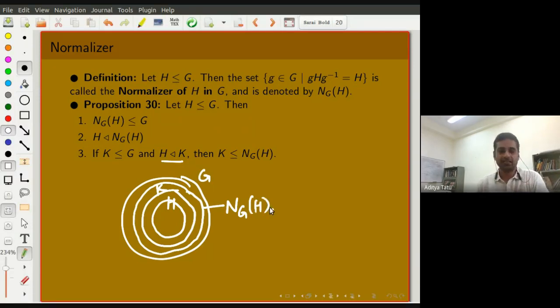Again, I think all you have to do is to use the definition and prove this.